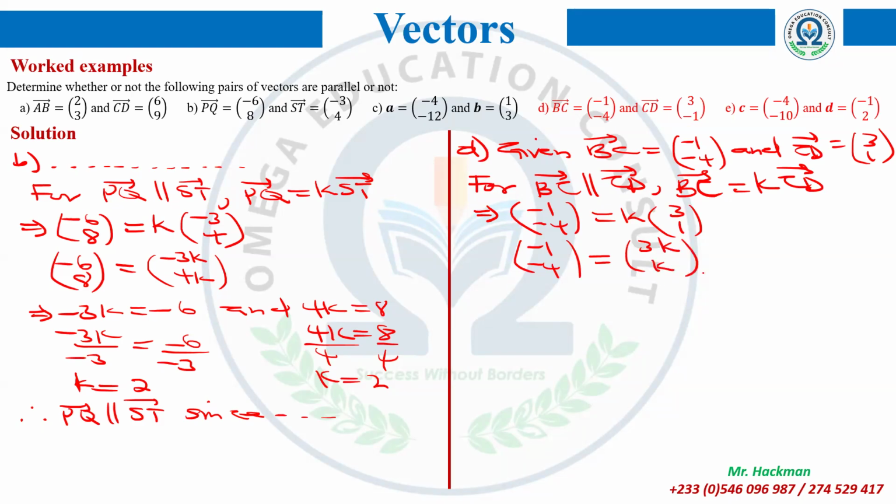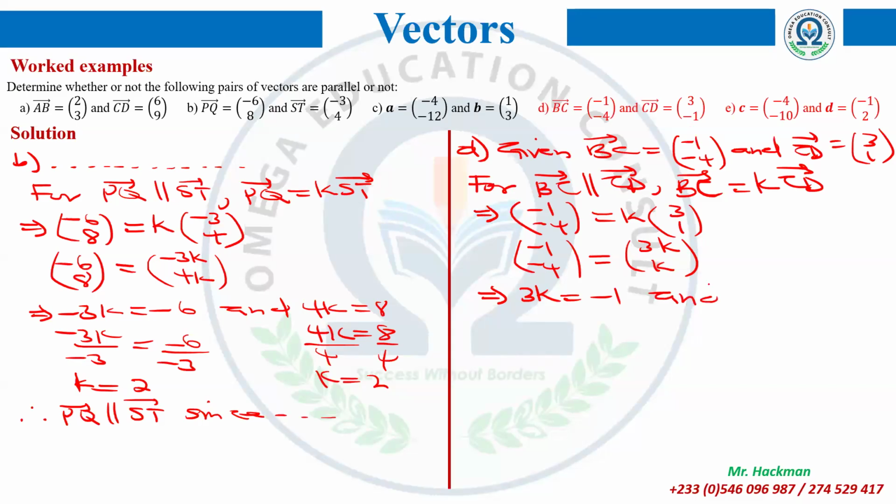I hope you are following, my professors. Are you with me? Yes. Now we equate, so 3k should be equal to -1.